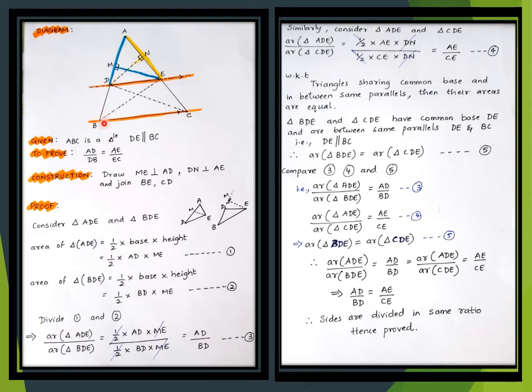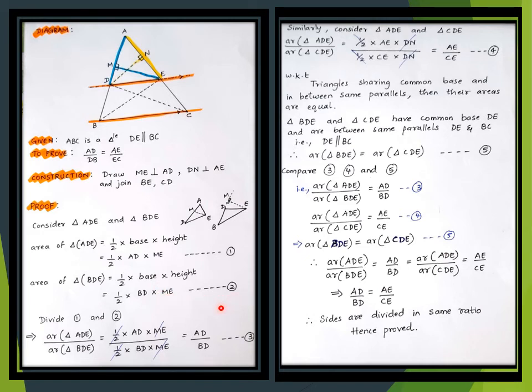So now for corresponding base BD, the height is going to be ME. But ME is outside. You can observe here. So if you apply that here, it is going to be half into base into height, that is half into BD into ME. BD is the base and ME is the height. Give it as equation number 2.